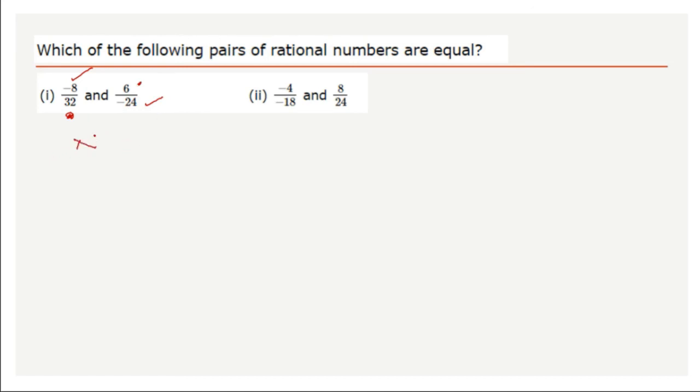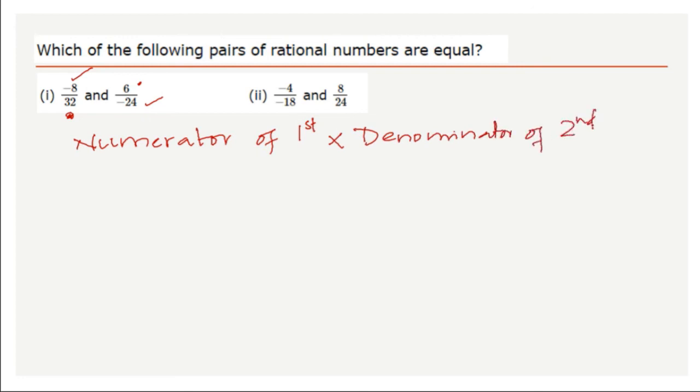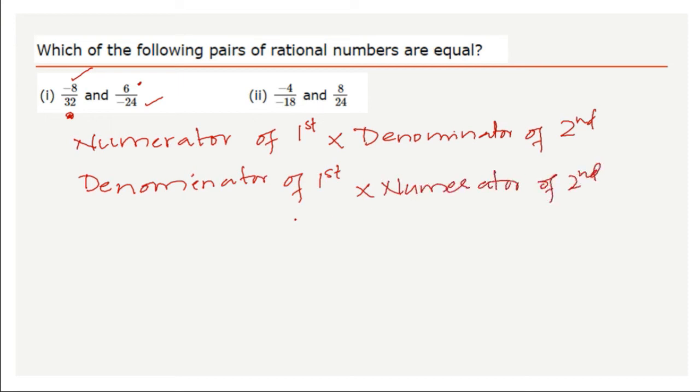So what I mean to say is, the numerator of the first rational is multiplied to the denominator of the second rational, and we are going to compare with the product of the denominator of the first rational number with the numerator of the second rational. Let's check.